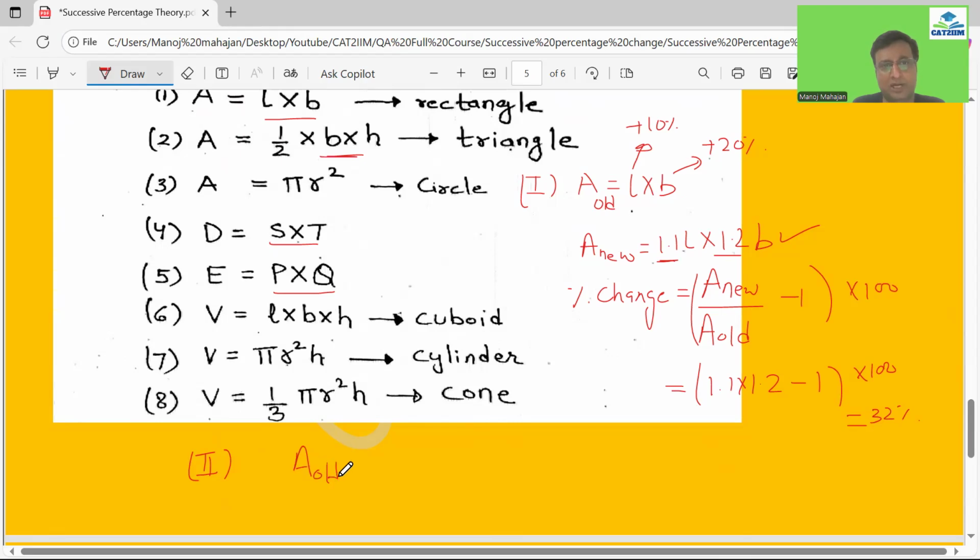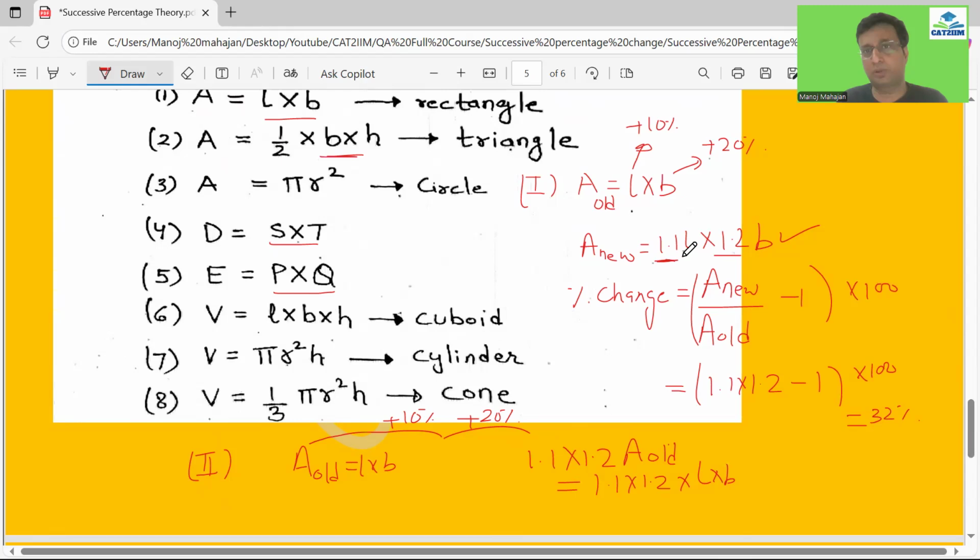Whatever area old you have, that is length into breadth, on the area old itself I am increasing it by 10%, and then the new value I'm increasing by 20%. So what is the final value I'm going to get? 1.1 into 1.2 area old, which is nothing but 1.1 into 1.2 into L into B. So you got the same area new as in the previous question.